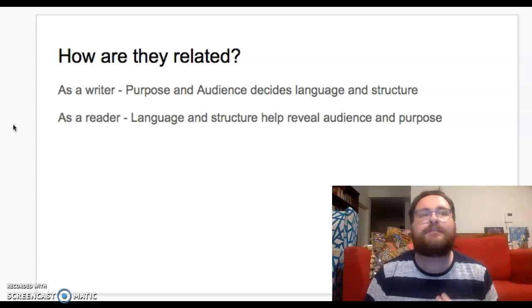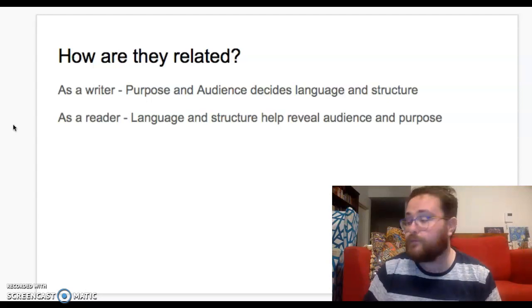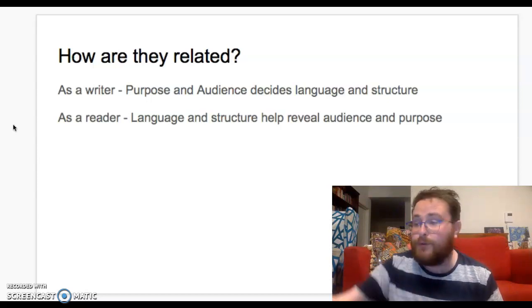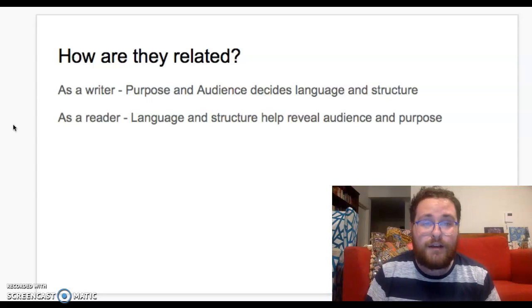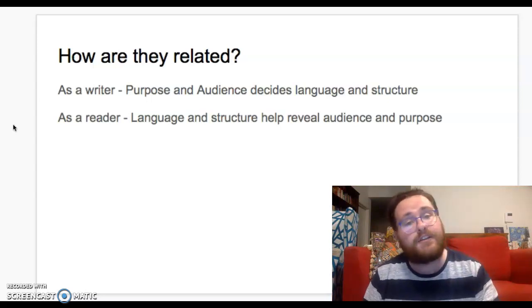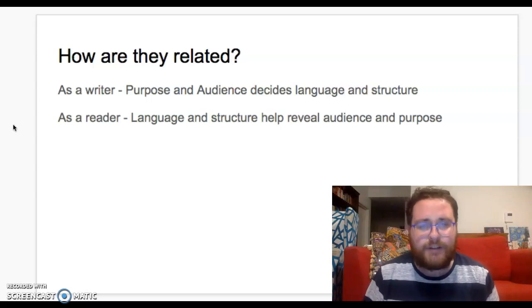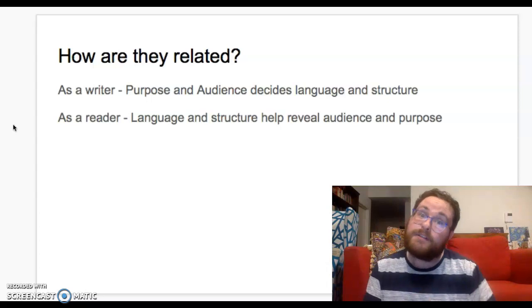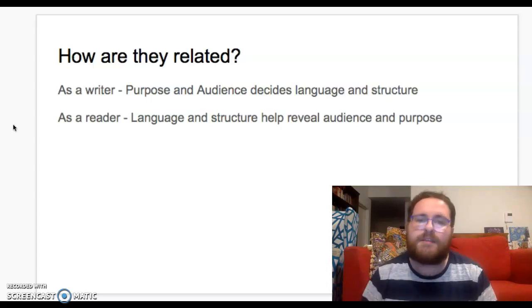In the same way that if you're writing a response on a novel, let's say a book review, trying to get your cousin who's 12 to read a book, as opposed to explaining your opinion to a teacher, the language choice is going to be different. When you're pitching it to an older audience who are experts, you need to use subject-specific terminology.